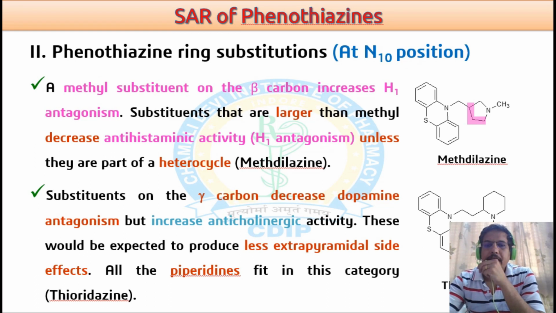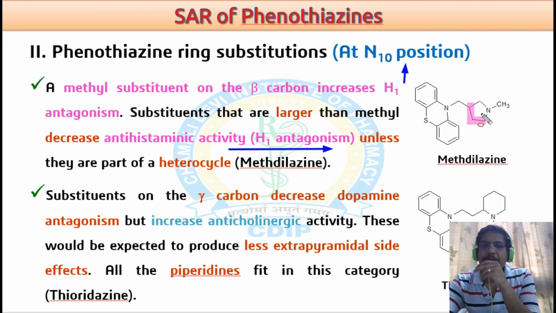Then if we look for the methyl substitutions on the beta carbon, they increase H1 antagonism, and substituents larger than methyl decrease antihistaminic activity unless they are part of a heterocycle, like methdilazine, in which it is part of a heterocyclic system.